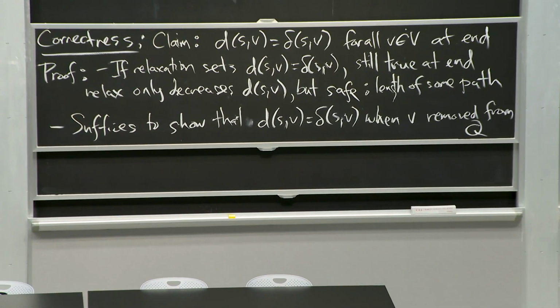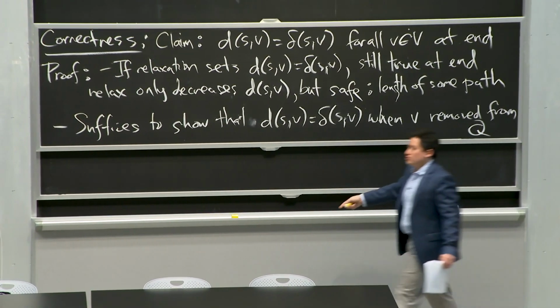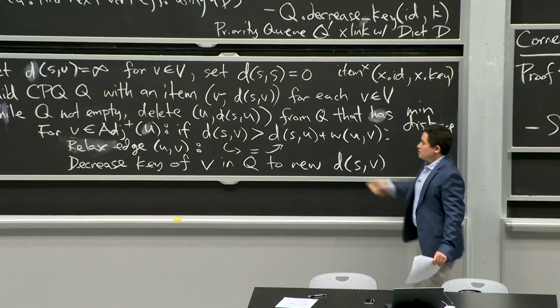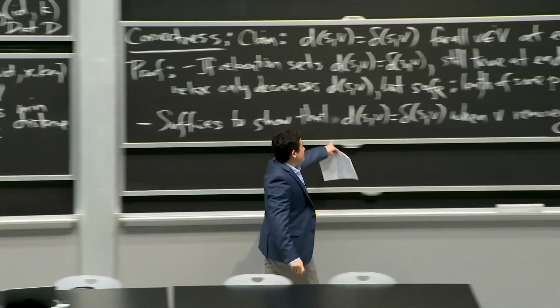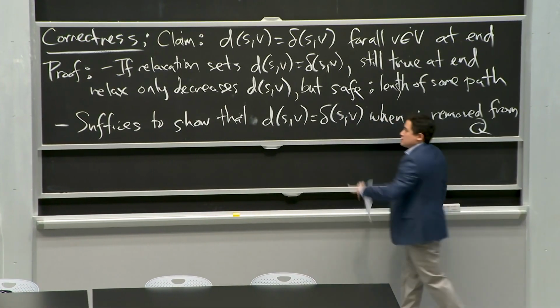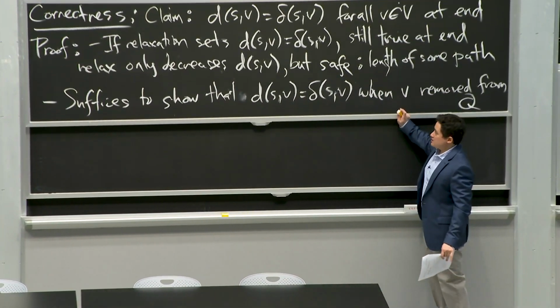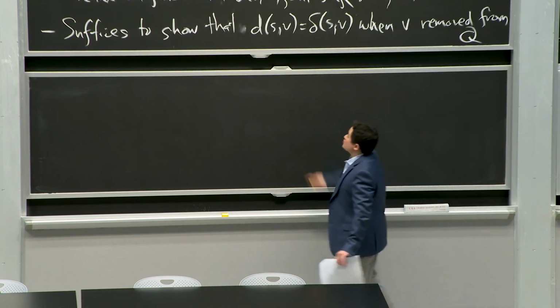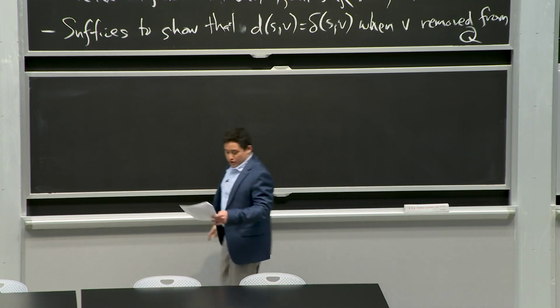Okay? And since I remove every vertex from the queue in this while loop, I will have eventually set all of the distance estimates to the real distance, and we'll be golden. Happy days. All right, so we'll be done if we can prove that statement.